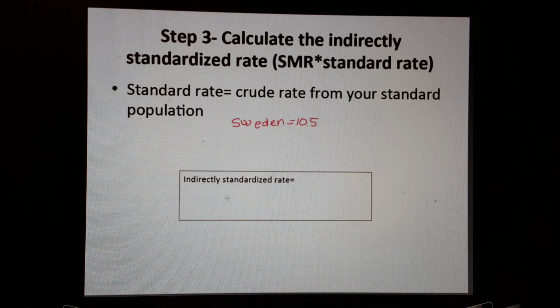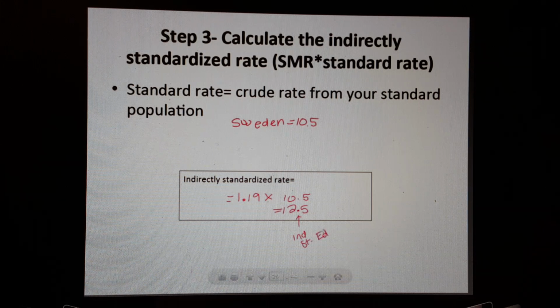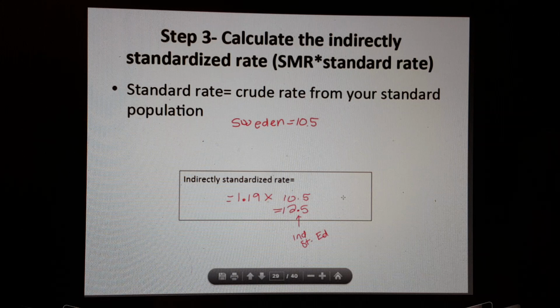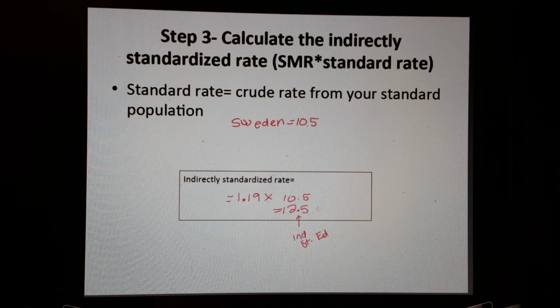Okay, so then all we're going to do is take our SMR that we just calculated, and multiply it by the standard rate of our standard population. So this means that our indirectly standardized rate of Ecuador is 12.5 deaths per 1,000 person years. Okay, so that means that even in indirect standardization, our rate is still higher in Ecuador than in Sweden.